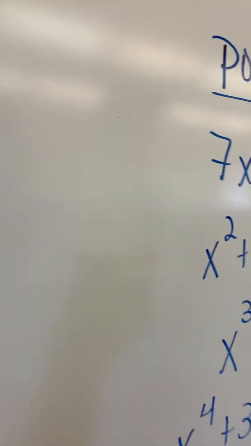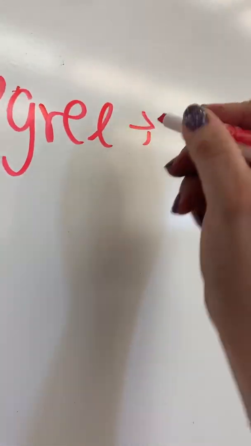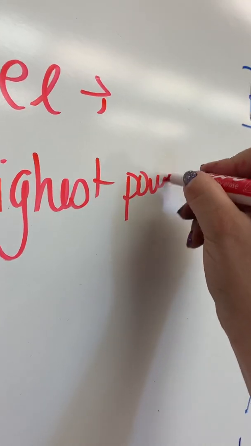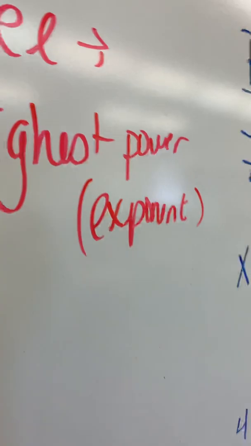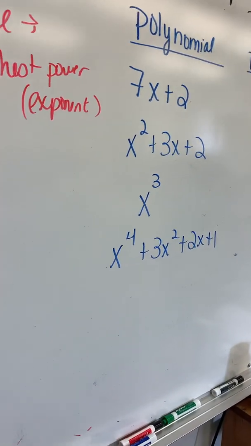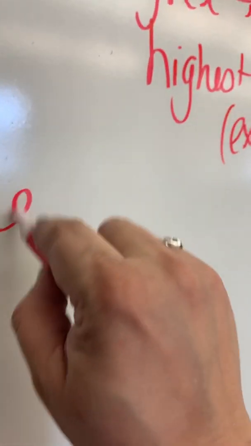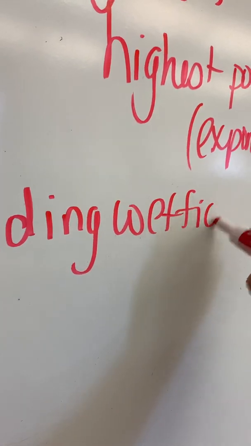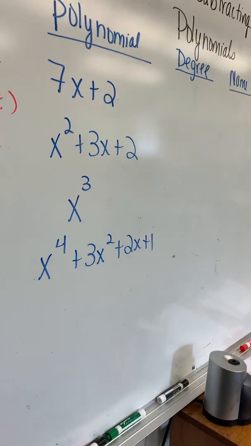So if I'm asking you for the degree, this is going to be your highest power or your highest exponent. Degree is your highest power or your highest exponent. If I were to advance it and ever ask you for a leading coefficient, first of all, what's coefficients?